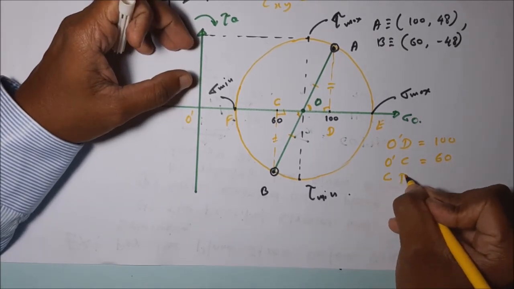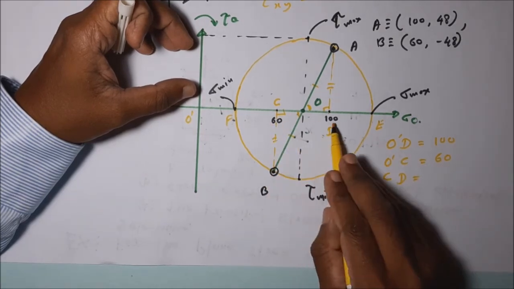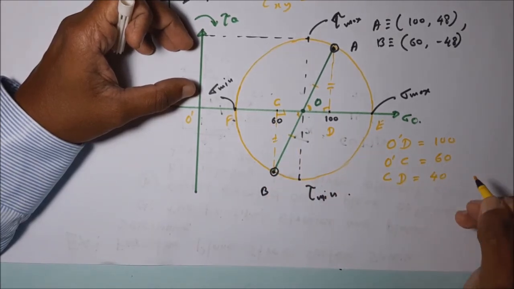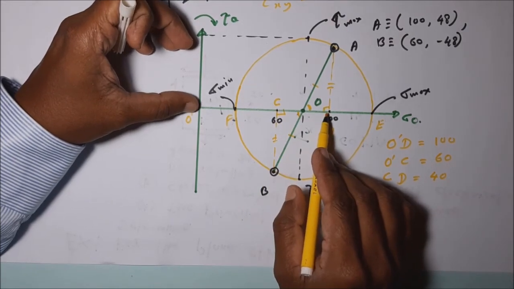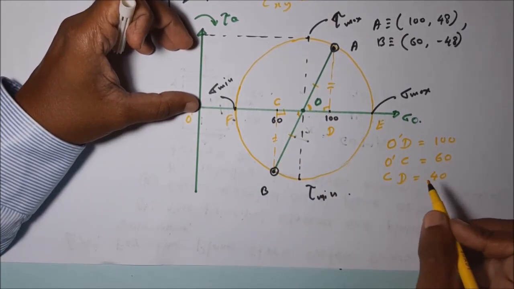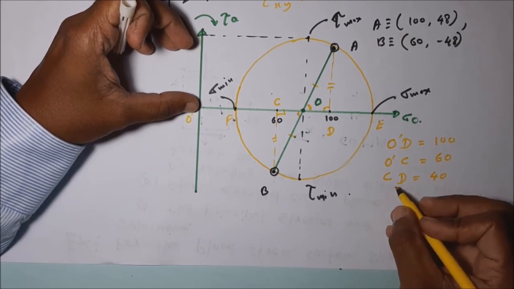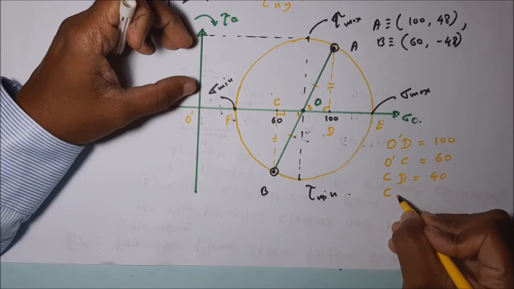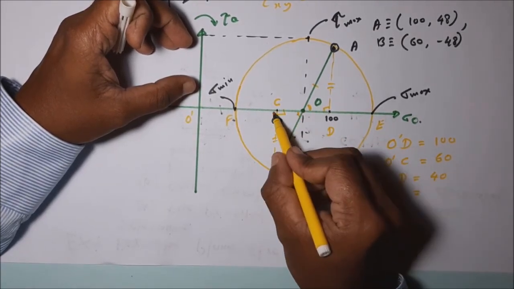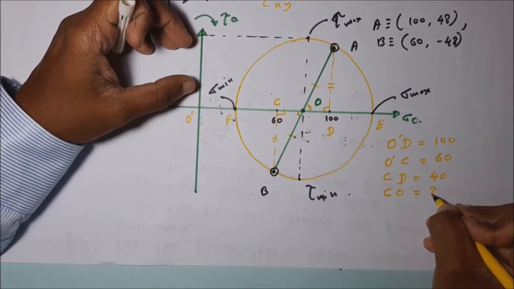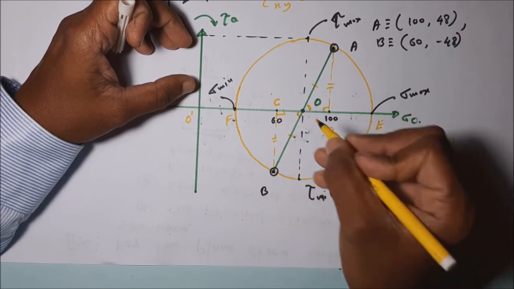Then CD, what is the value? CD is equal to 40 from this diagram. Then what is CO? CO is half of this value, equal to 20.